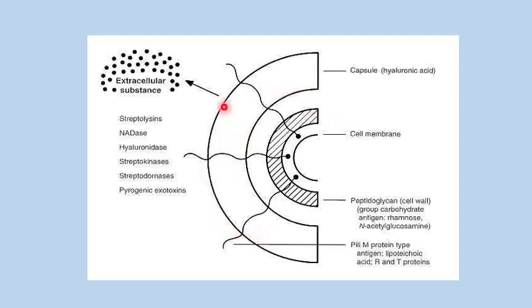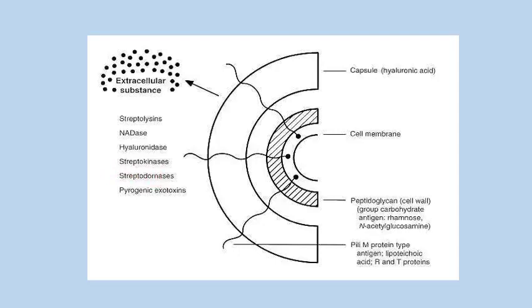This organism can produce extracellular substances including streptolysins, NADase, hyaluronidase, streptokinase, streptodornase, and the pyrogenic exotoxin, which is the superantigen we explained a while ago.